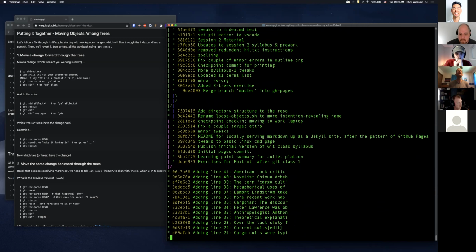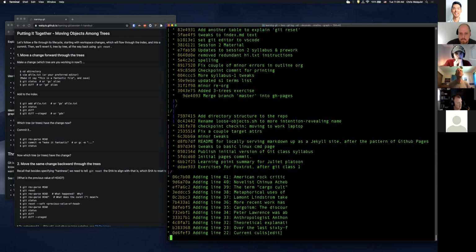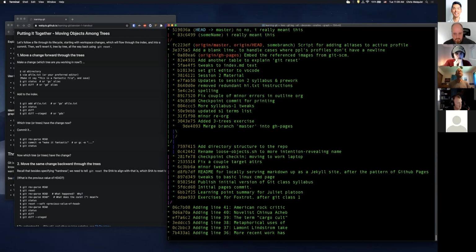There's a branching operation here that happened, and a merging operation here. You can add some more formatting to the log command, and you can see things like the date and the user that did each commit. But what you see here is pretty much the essence of the Git graph.